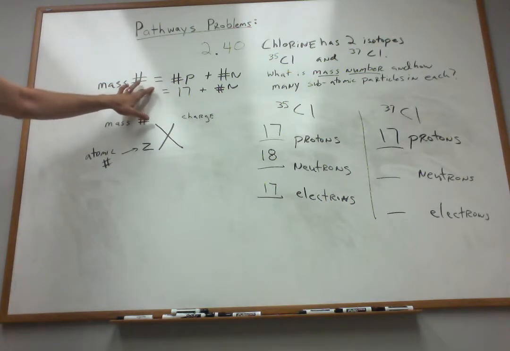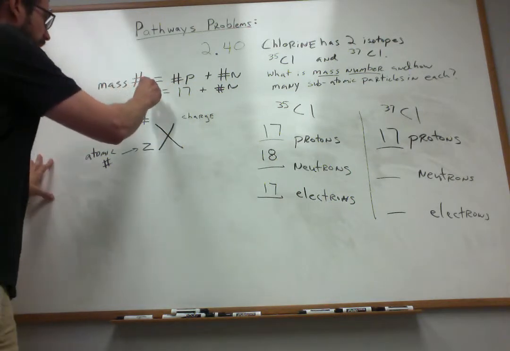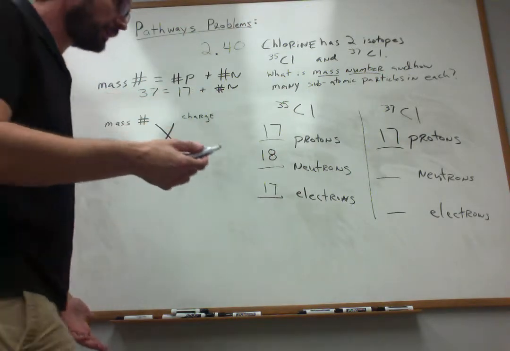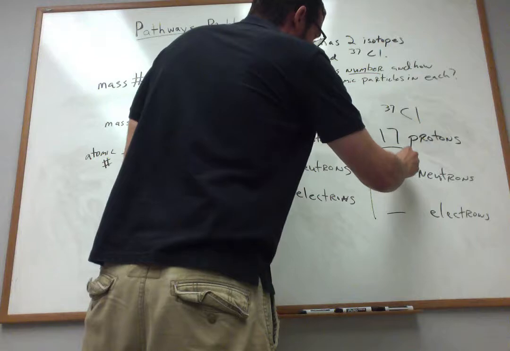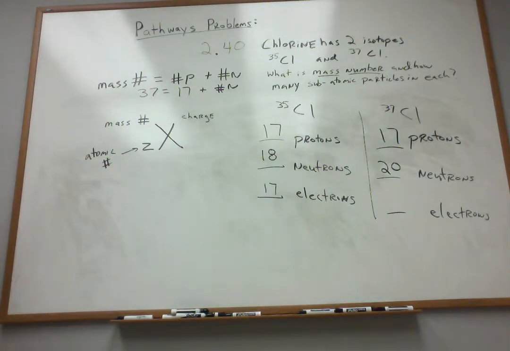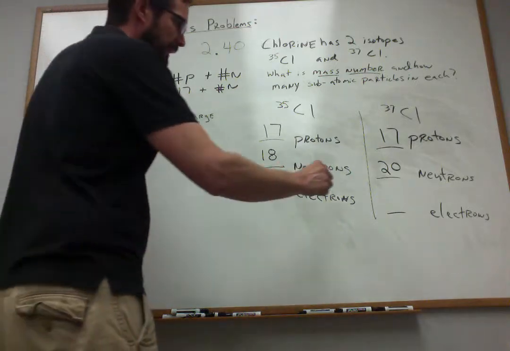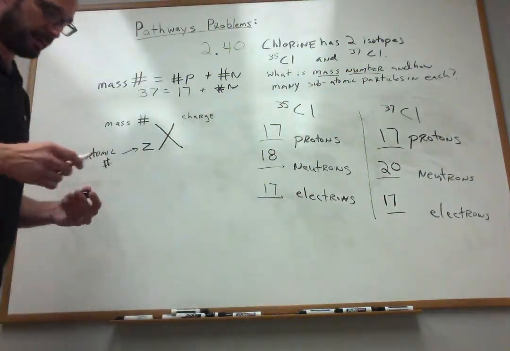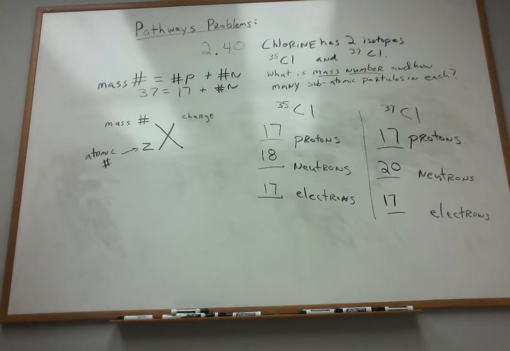Now, I'm no longer dealing with 35, now I'm dealing with 37. I have 37 equals 17 plus number of neutrons. It looks like this particular isotope of chlorine, it's got 20 neutrons associated with it. And then lastly, since I don't have any charge, I must also have 17 electrons present in this particular atom.